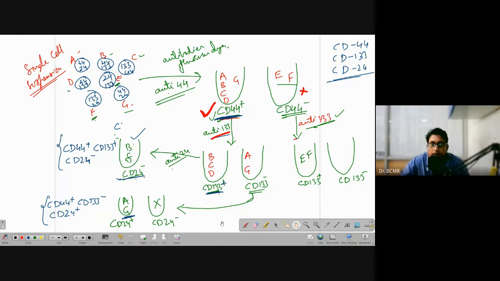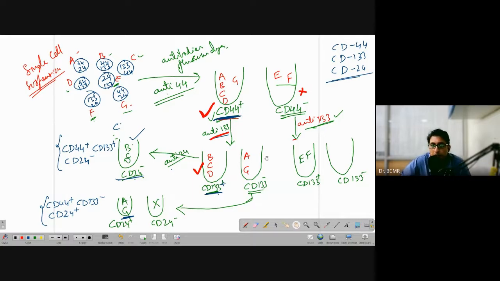They might find that the ones expressing 133 are forming tumors. In that case, these cells might be discarded. Now we know that the cancer stem cells so far are expressing CD44 plus and CD133. We don't know about CD24.